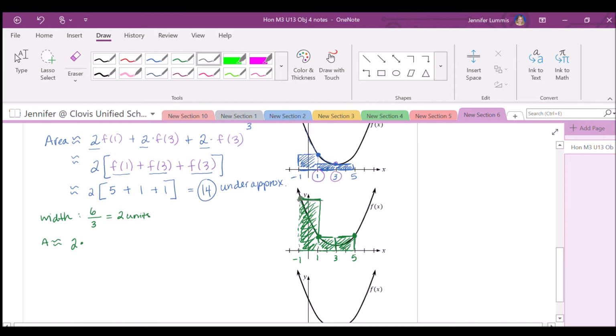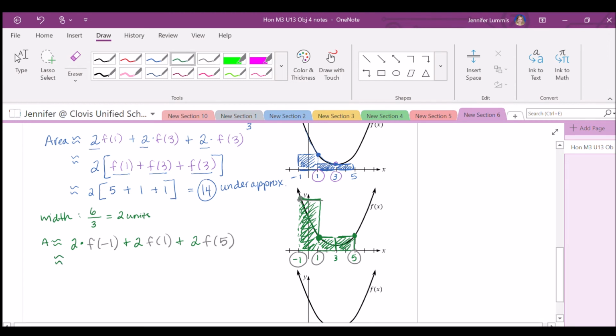We plugged in -1, f of -1. The second rectangle has a width of 2. To get the height here, we plugged in 1. So now we're going to plug 1 into the function. And then for the last rectangle, again, a width of 2. And to get the height, we had to plug in 5.